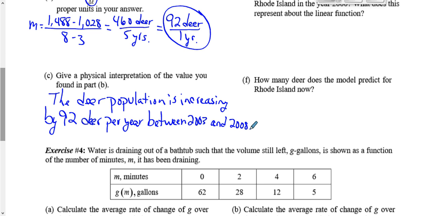The reason it's important to include that is because when you collect data, you can't assume that rate of change will go on for too much longer. Maybe the next few years we'll do 92, but other things happen.